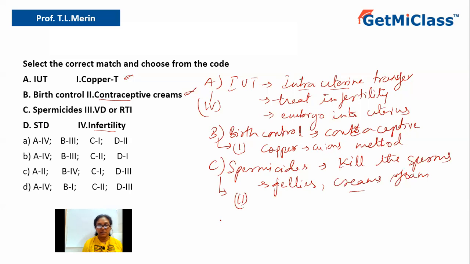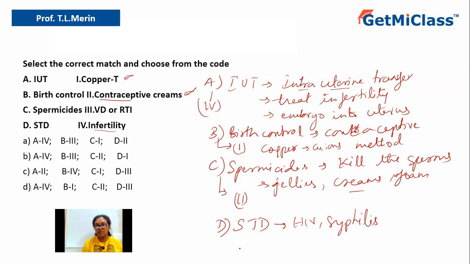Now the last one, which says D, it has written as STD. So what is STD? STD is nothing but sexually transmitted diseases. You have various diseases like HIV and syphilis. These are all sexually transmitted diseases.